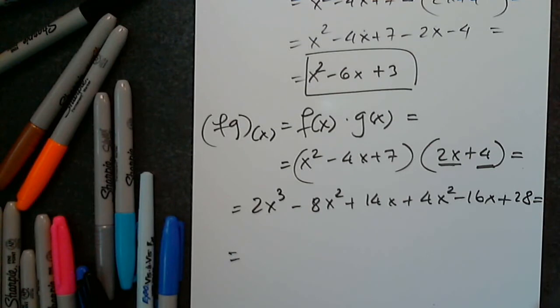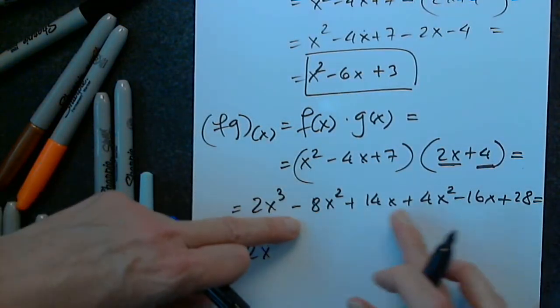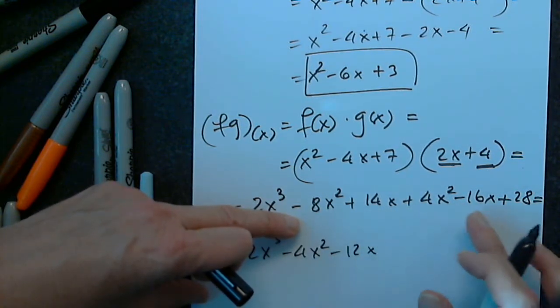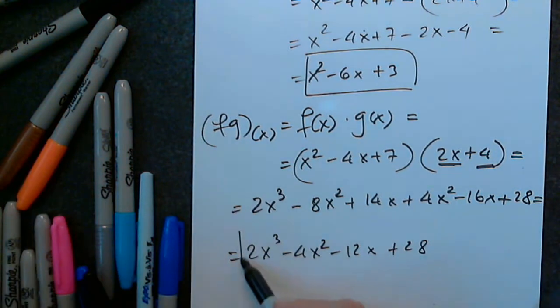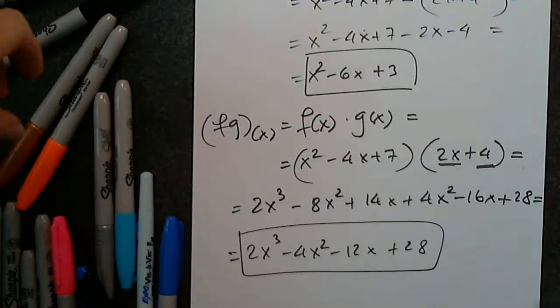And now I combine like terms, and I get 2x cubed, and then minus 4x squared, and then minus 12x, and then plus 28. What does this represent? A new function. How was it obtained? Multiplying f by g. All these functions, sum, difference, and product, have the same domain, which is common domain, all real numbers.